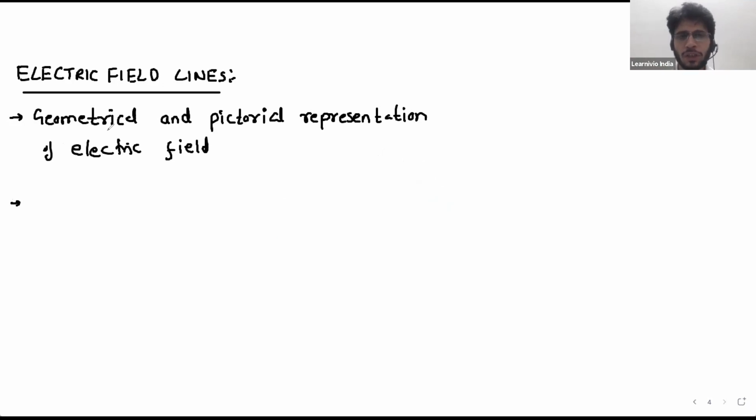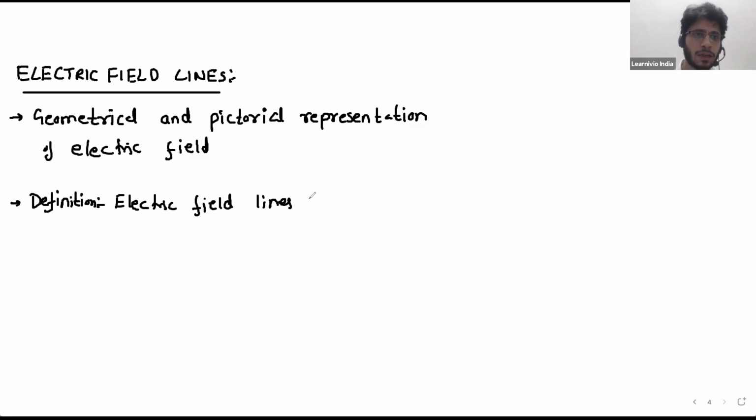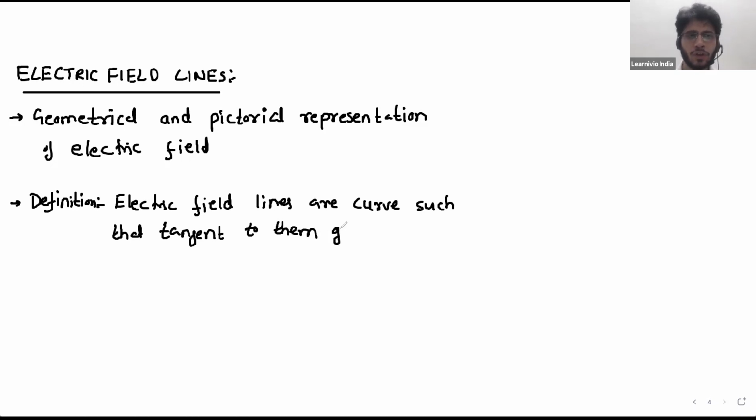So that's a very general definition. The standard definition that is given in books is that electric field lines are curves such that the tangent to them gives the direction of electric field.